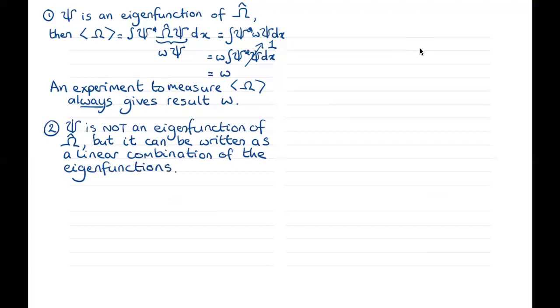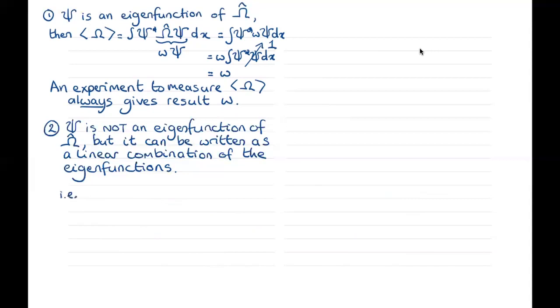And this last statement is rather profound, but it's in general the case in quantum mechanics because we have mathematically very well behaved operators with the property that they're Hermitian, which means that you can, in general, expand any function as a linear combination of the eigenfunctions.